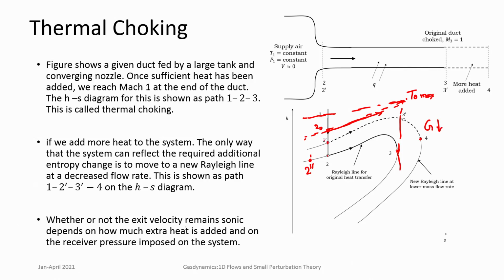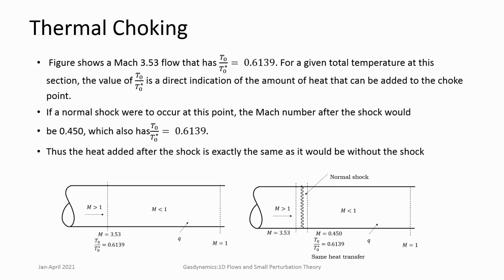So, this is a 2 prime here where mass flow rate has decreased, but now it can allow larger heat to be added. So, basically when choking happens, if you try to change anything at a choking point, it always affects the upstream.